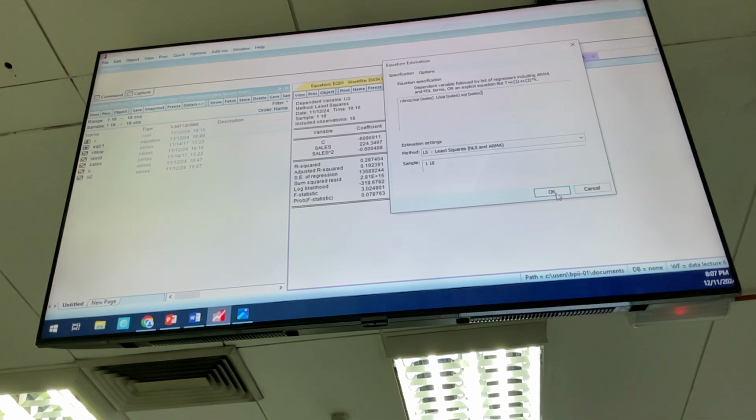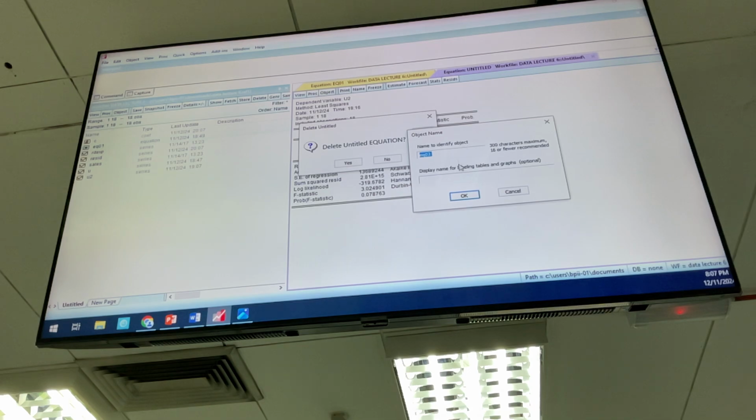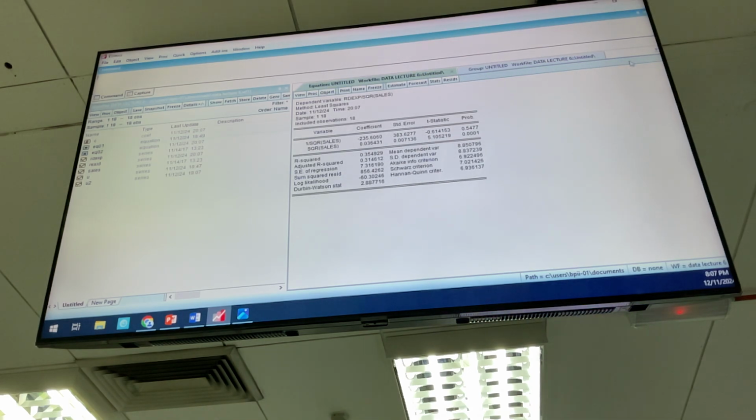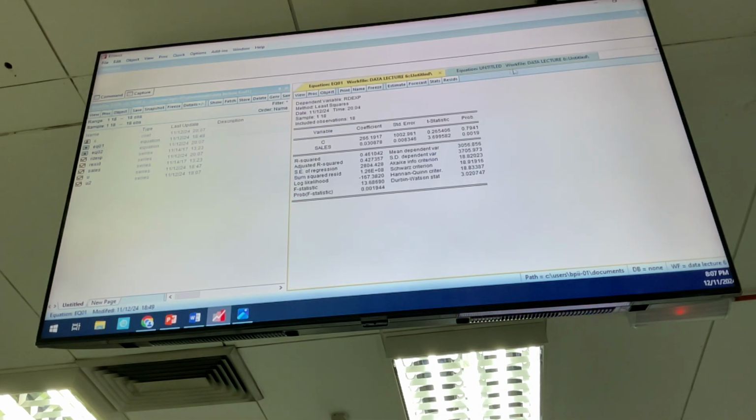Okay, we can delete equation 2. Never mind. I want to have equation 1 and the latest one.